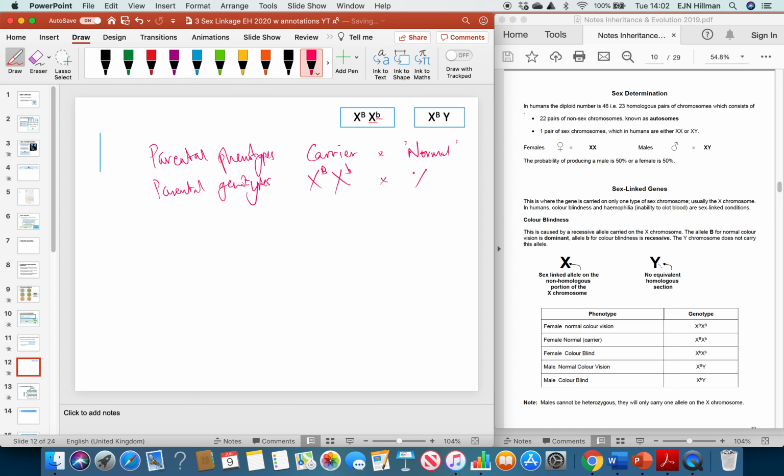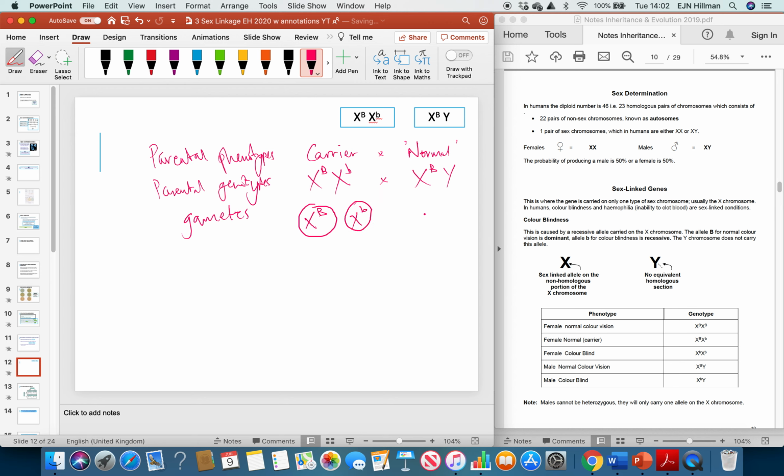The male, got that up in the corner there, has a dominant allele on his X chromosome and a Y. The gametes produced: there would be either the dominant allele on the X for the female or the recessive allele. The male can either produce the dominant on the X or the Y.